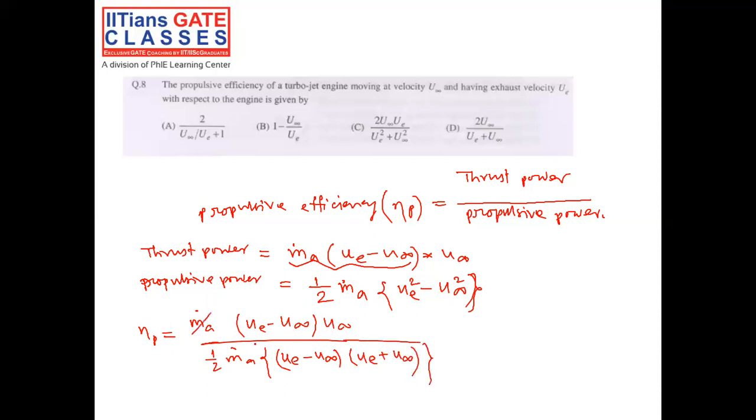So these two m a dot will get cancelled, and also ue minus u infinity. So this will give 2 u infinity divided by ue plus u infinity. So this is the correct answer.